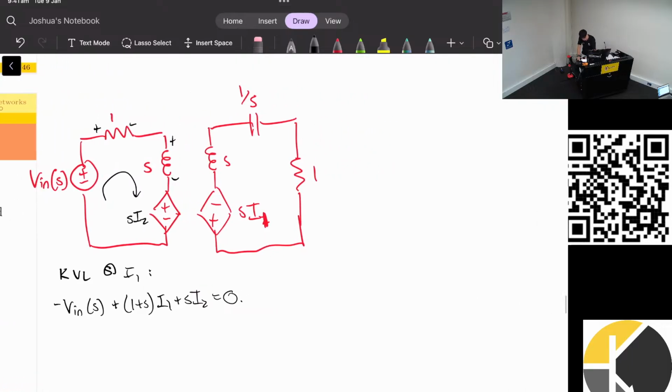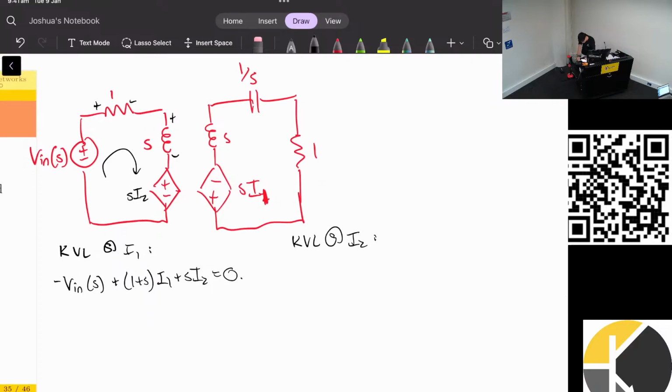That's my first one. My second one, for the second mesh, I'll have the current flows into this terminal, so we'll have plus SI1, and I have plus all of these impedances in series. So this will be S plus 1 on S plus 1, I2 equals 0.